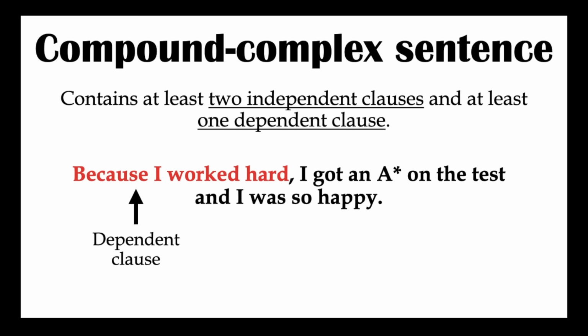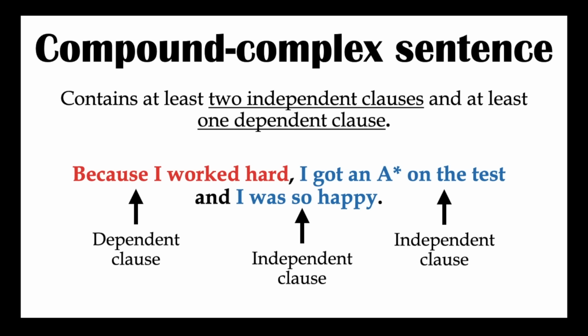This is the dependent clause. It does not make sense on its own. These are examples of independent clauses. They are sentences that could stand alone. The two are joined together by a coordinating conjunction. This forms a compound complex sentence.